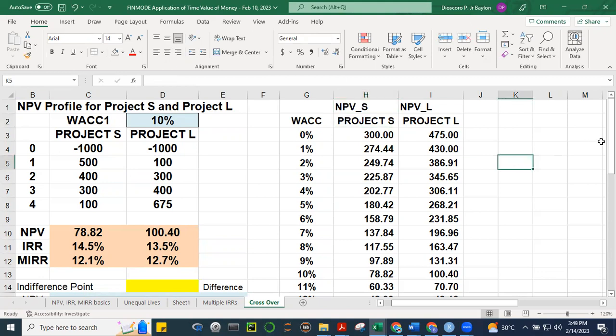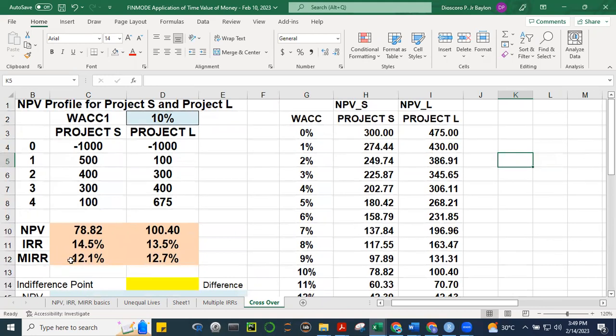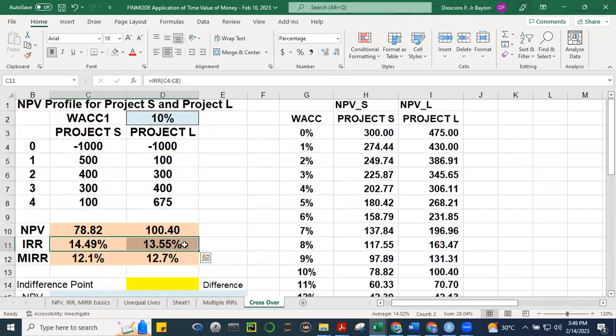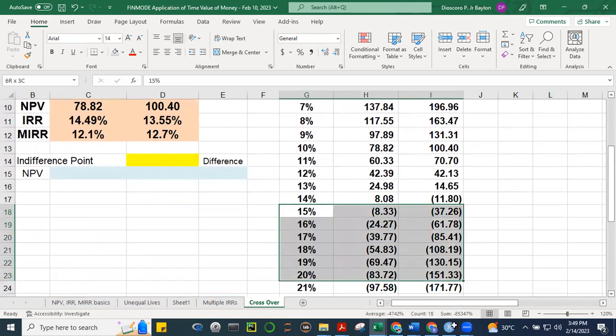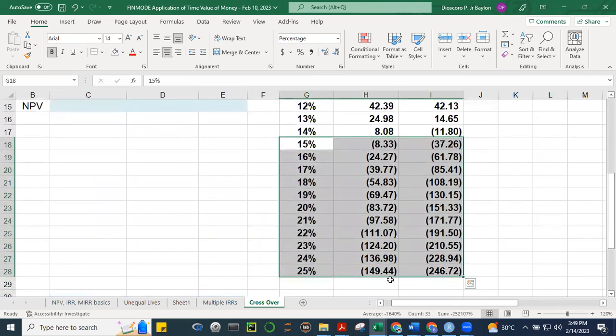Okay. All right, then let's insert yung mga IRRs. No? We were able to compute for the IRR. Diba? Ito. So, ang IRR ni S is 14.49. So, let me insert that here. Dito. Okay, ilalagay ko dito.